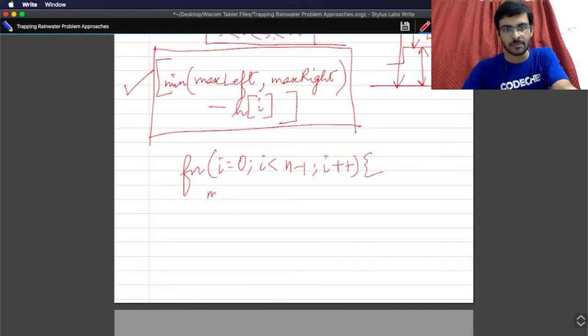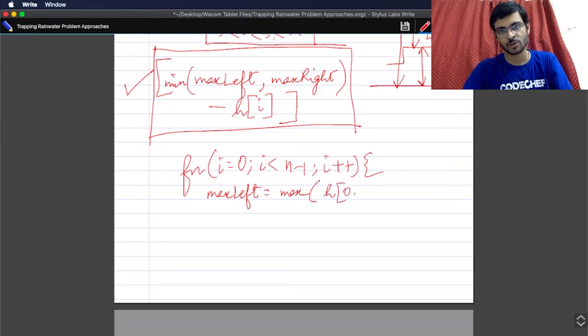You can say max left is equal to max of H from 0 to i. Up to i we are going to find out the maximum, and max right is going to be equal to max of H of i to n minus 1.